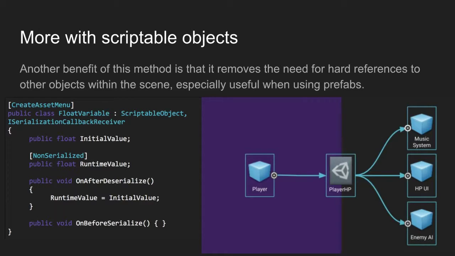Runtime value is not serialized, so it's not the value that's saved in the asset file, and that is the value that's being modified. Initial value stays the same at all times, but its only purpose is that the runtime value is set to that value.